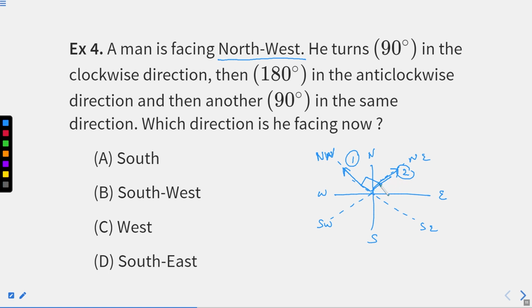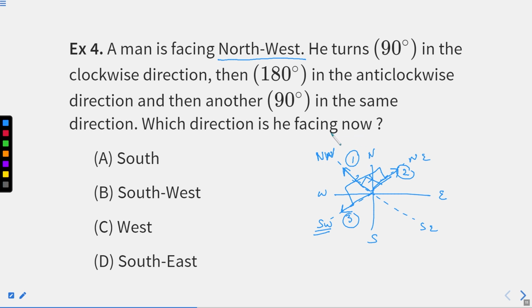For anti-clockwise, he has to move in this direction, that too 180 degrees. Then he'll find himself in this direction, that is direction number 3, that is southwest, right? This direction is southwest.